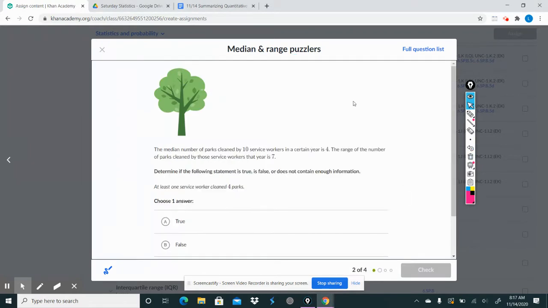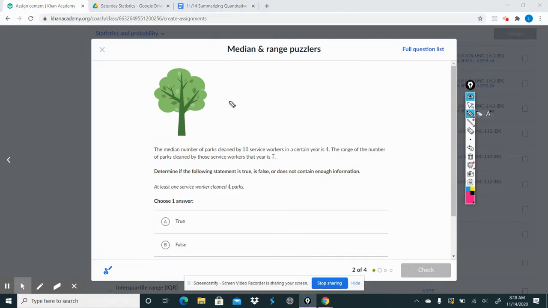Next question. Okay, the median number of parks cleaned by 10 service workers in a certain year is 4. The range of the number of parks cleaned by those service workers that year is 7. So we have 10 workers. The median is 4.